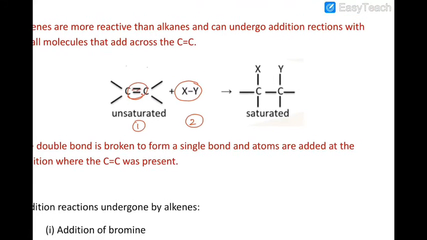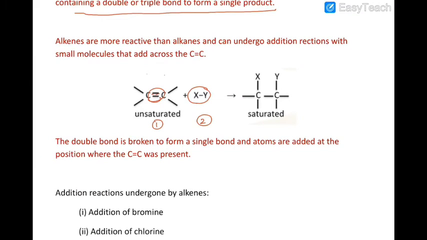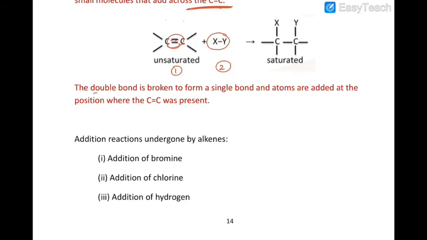So in addition reaction, you end up with one single product where you have the molecule that will add across the unsaturated part. Here we're talking about the double bond as the unsaturated part, which will be broken to form a single bond, and atoms are added in the position where the C double bond C was present.